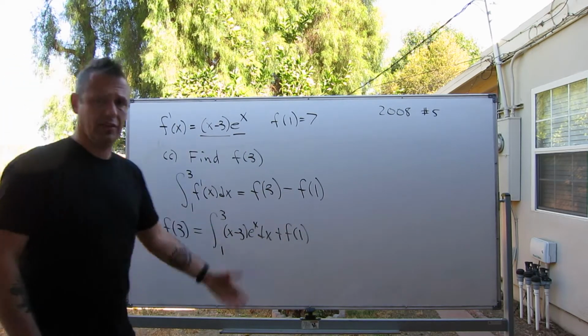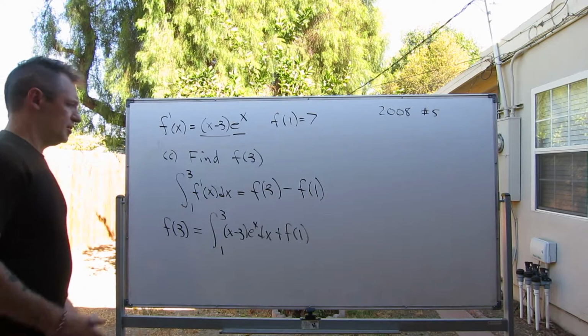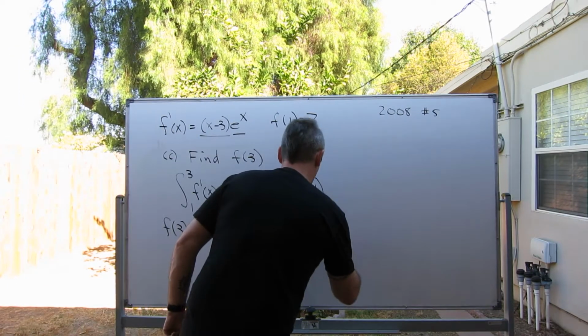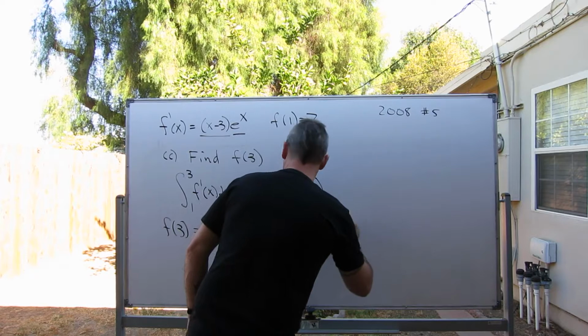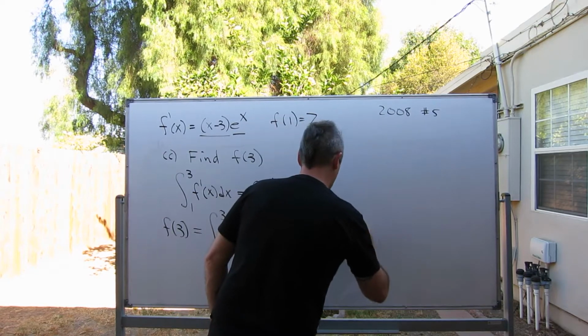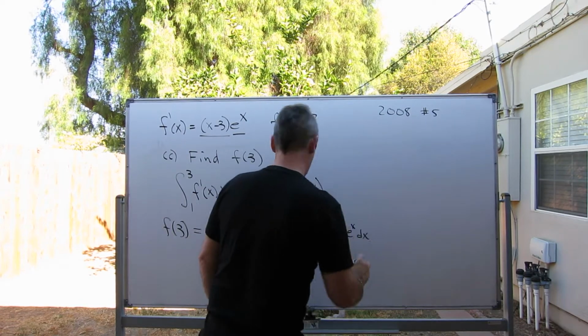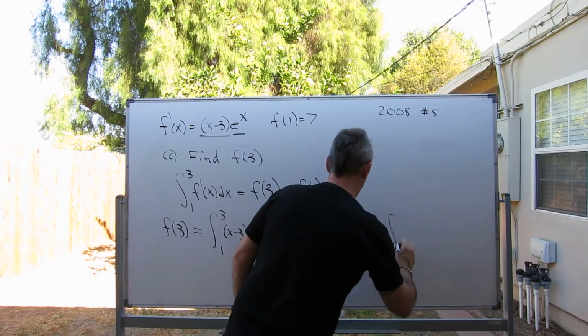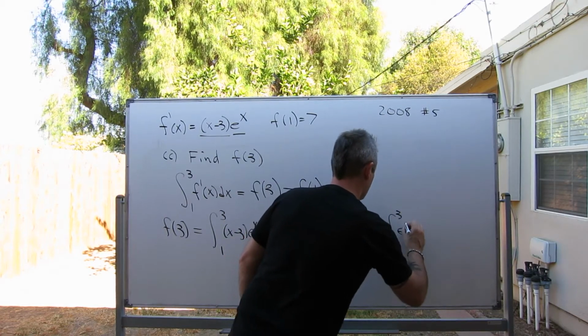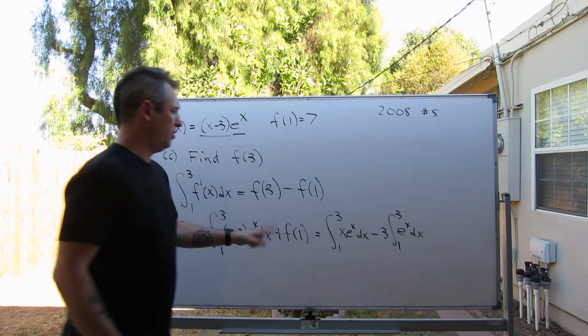Okay, so we're left with finding this integral here. So I'm going to split this integral into two integrals. So this is going to be the integral from 1 to 3 of x e to the x dx minus 3 times the integral from 1 to 3 of e to the x dx plus 7.